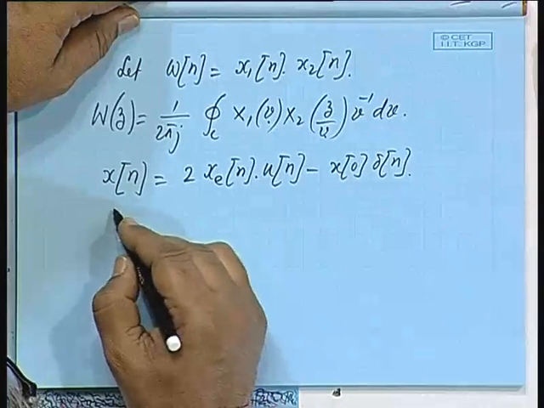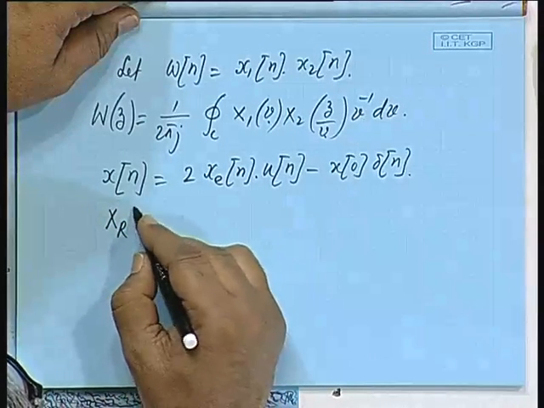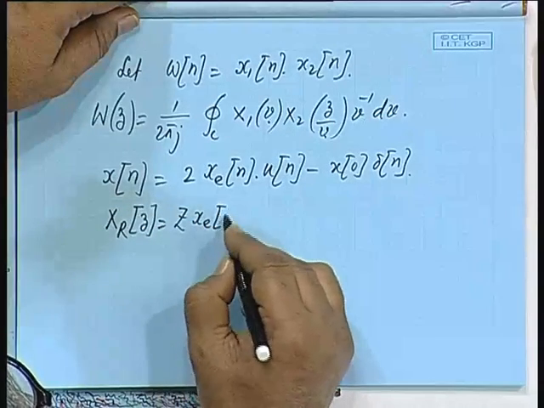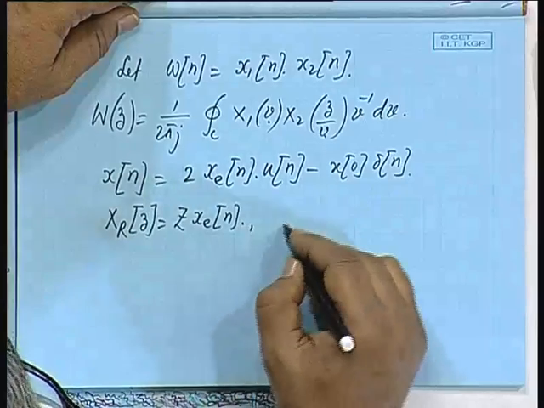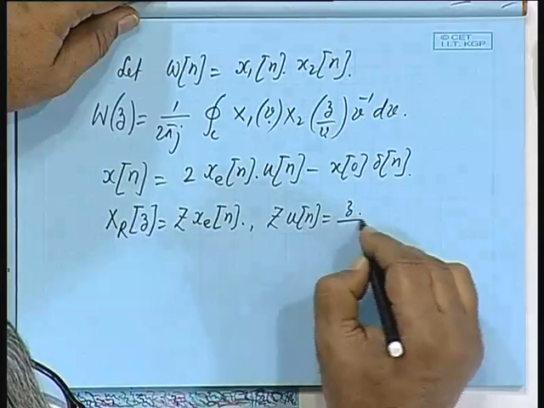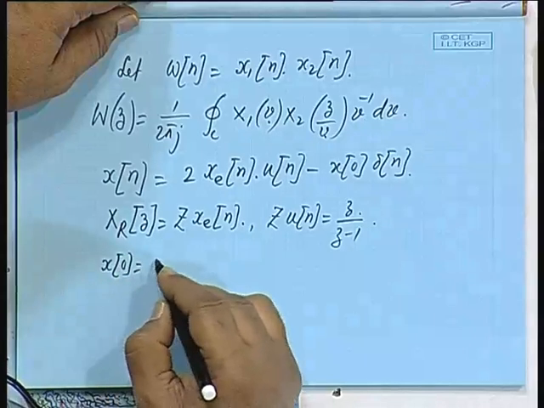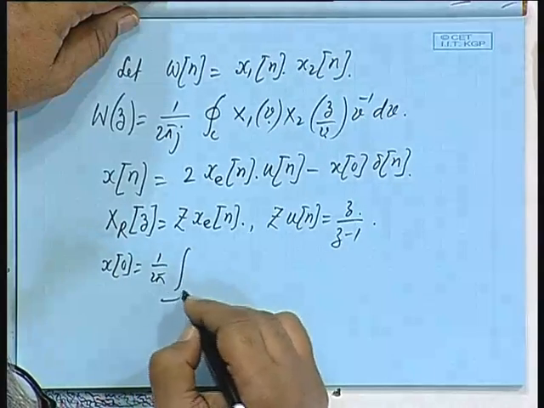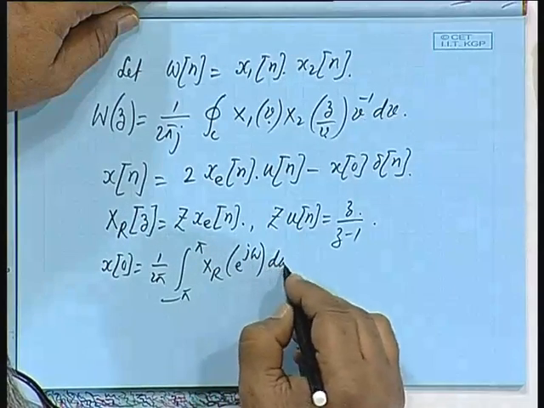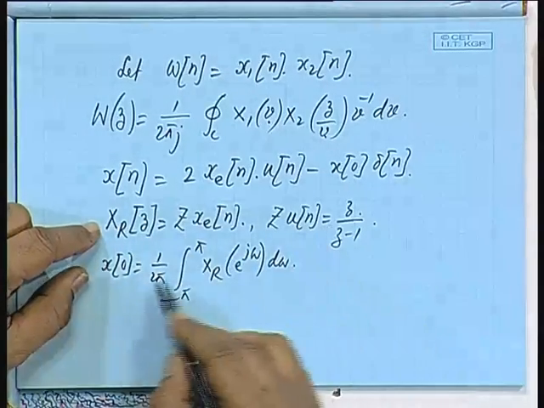Therefore, X_R(z), which is the Z transform of x_e[n], the Z transform of u[n] is z by z minus 1, and x[0] we know is 1 by 2 pi, integral from minus pi to plus pi, from the DTFT. This is known, is it not? So, these are given to you.